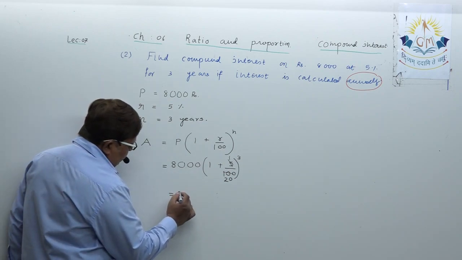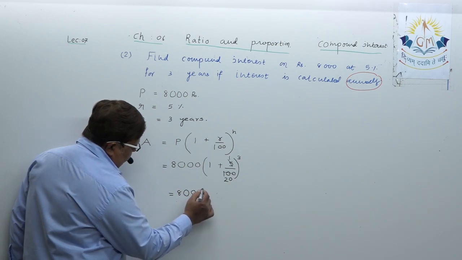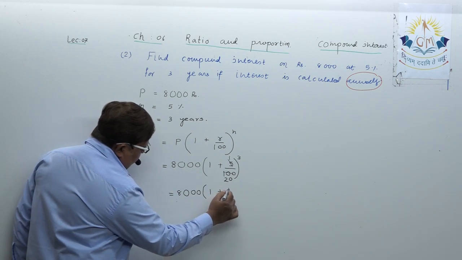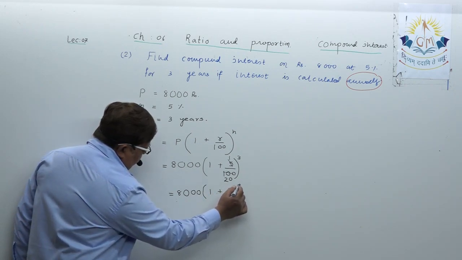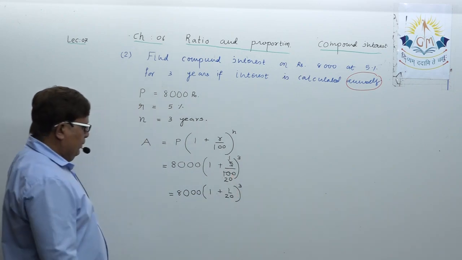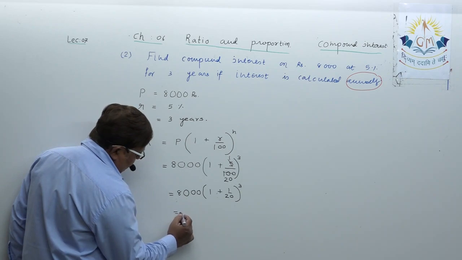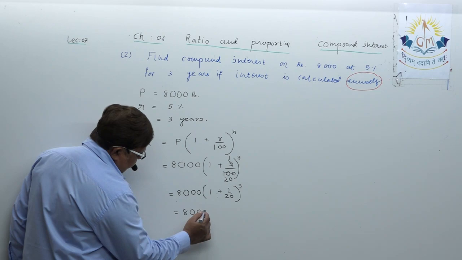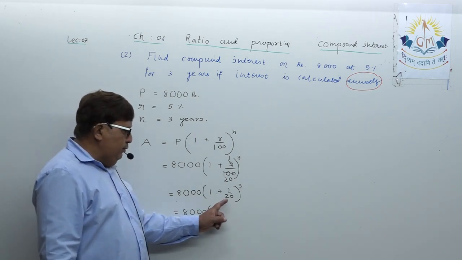Okay. Next step. 8,000 into bracket 1 plus 1 upon 20 raised to 3. Is it clear? Next step of taking LCM. What is the LCM?